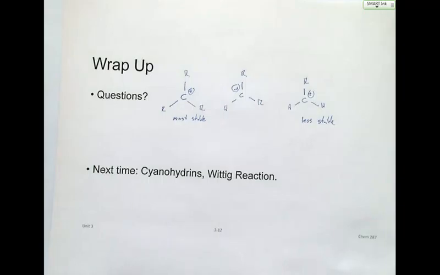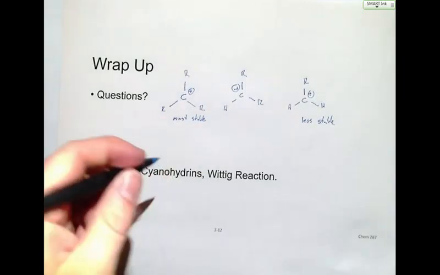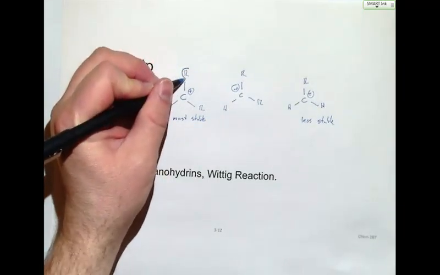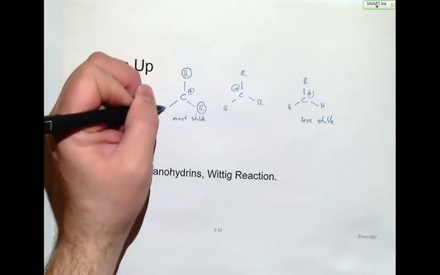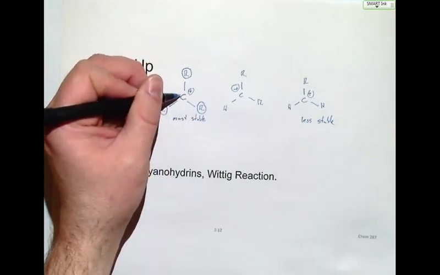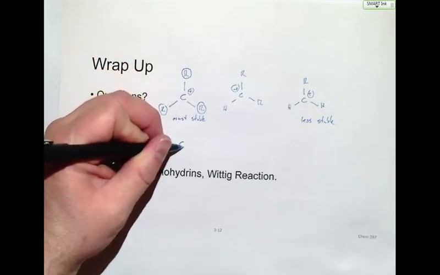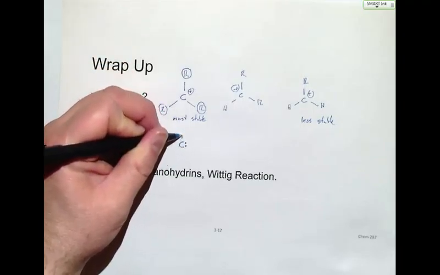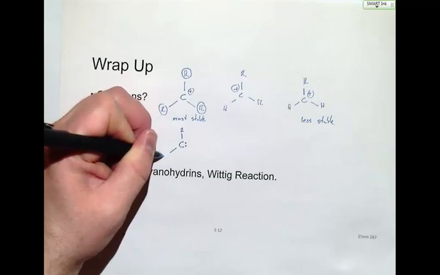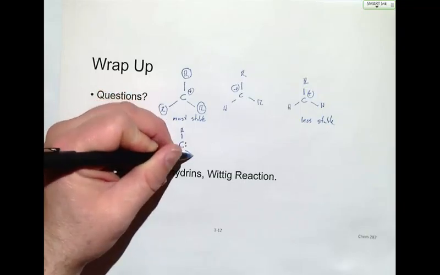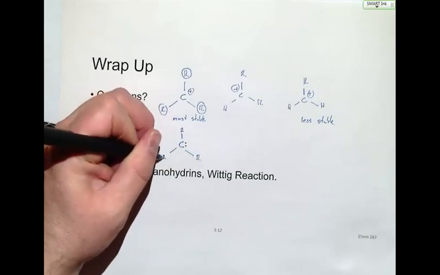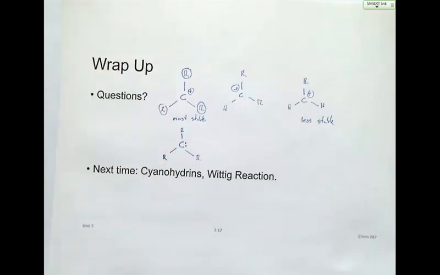The reason for this stability is because the R groups are donating electron density through hyperconjugation. So if we imagine a carbanion, do you think that these electrons want more electron density from R groups?